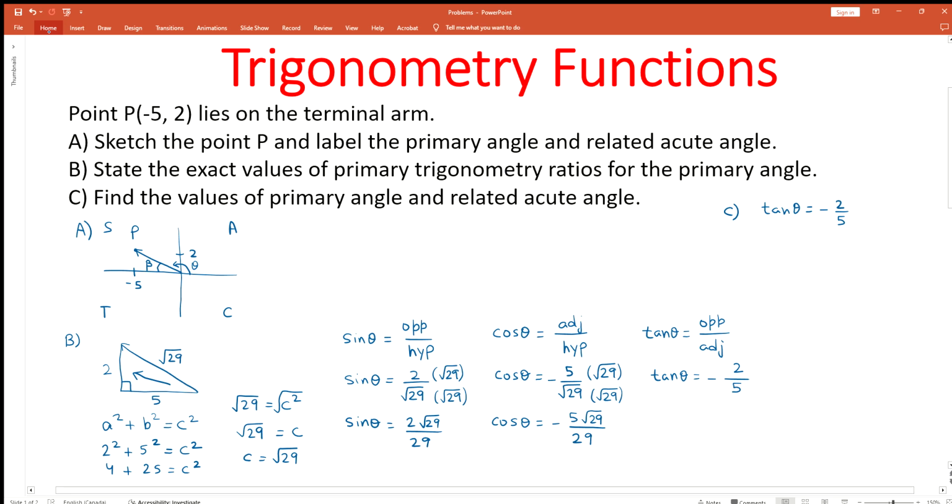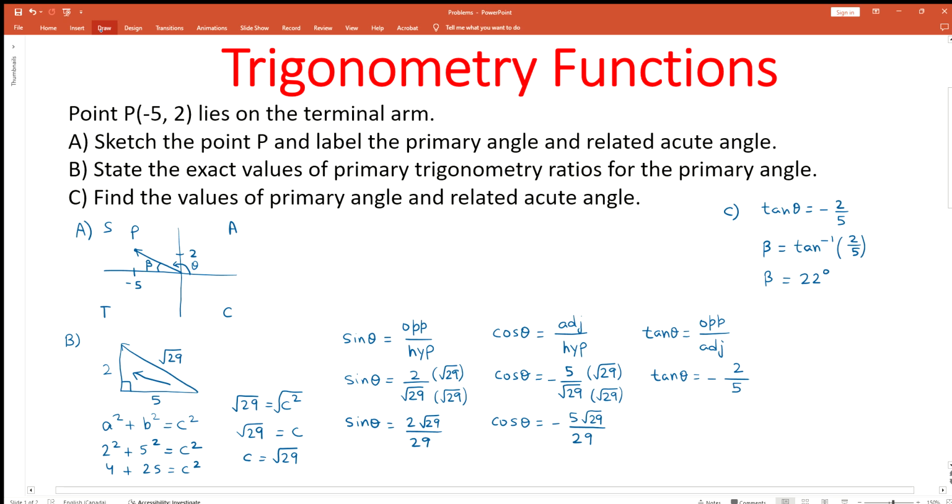We can find that by doing the inverse of tan for 2 over 5. We should ignore the negative sign for finding the related acute angle or reference angle. This is a very important step we should understand and memorize. I get almost 22 degrees. This is the related acute angle or reference angle for the primary angle.